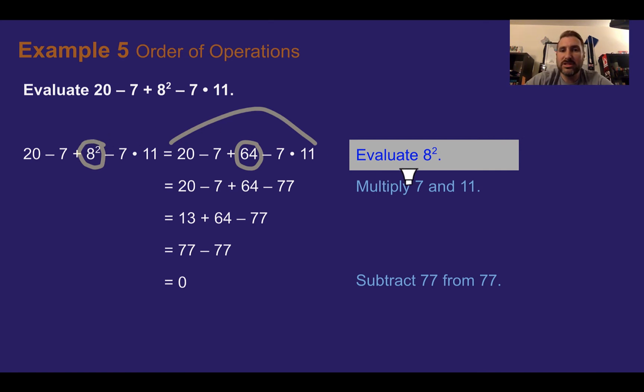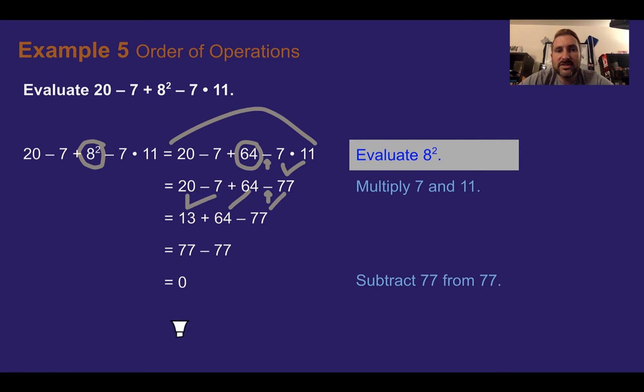Then it tells us they multiplied 7 and 11, which is right there. 7 times 11 is 77. It had that minus sign out front here, so it stayed. Next, what's changed? The 77 is still there, 64 is still there.